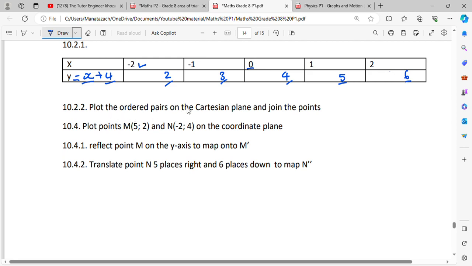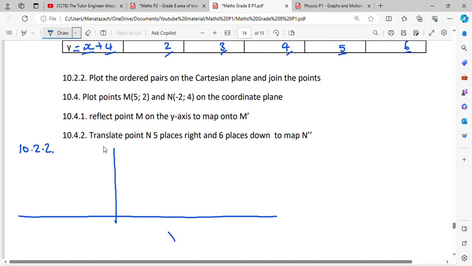Plot the ordered pairs on the Cartesian plane and join the points. Okay, now let's plot the points on the Cartesian plane. So let's write here 10.2.2. We'll have the y axis, and then you'll have the x axis.